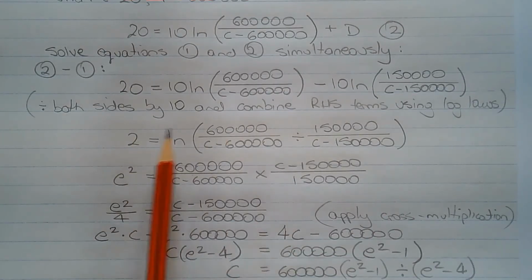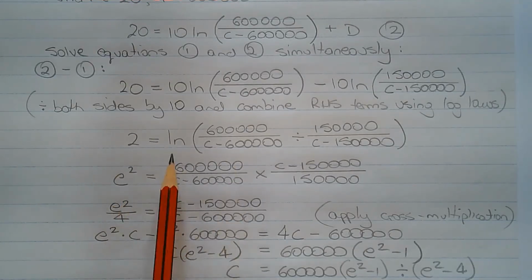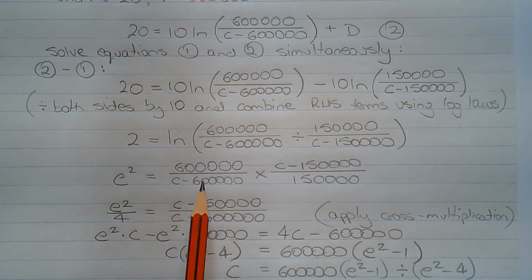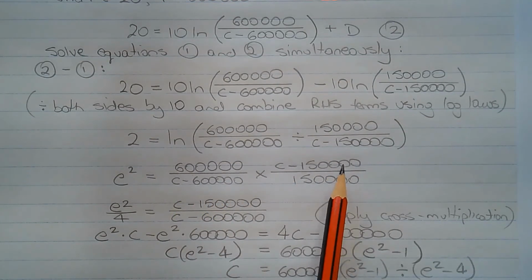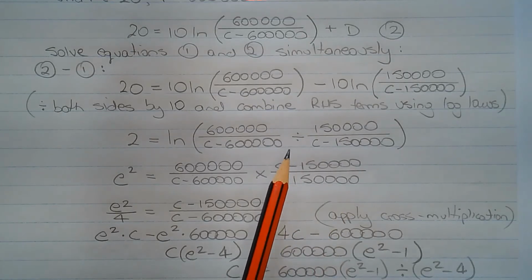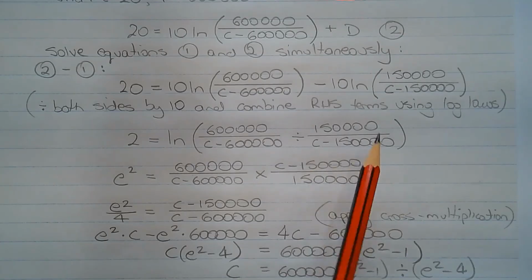Now raising both sides of the equation to the base e to eliminate the ln, we have e squared is equal to 600,000 over (C minus 600,000) multiplied by (C minus 150,000) over 150,000. So I've changed the division into a multiplication and took the reciprocal of the second fraction.